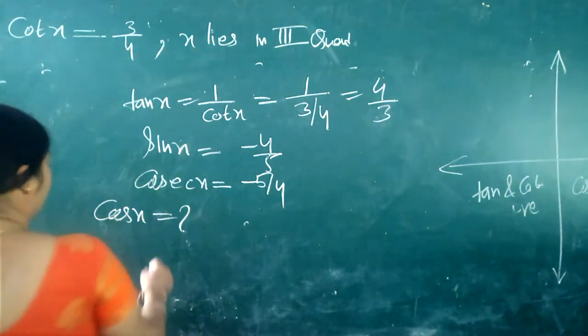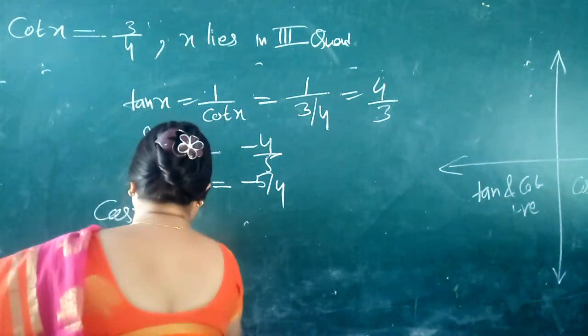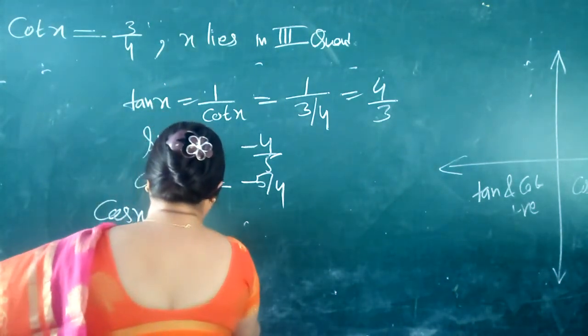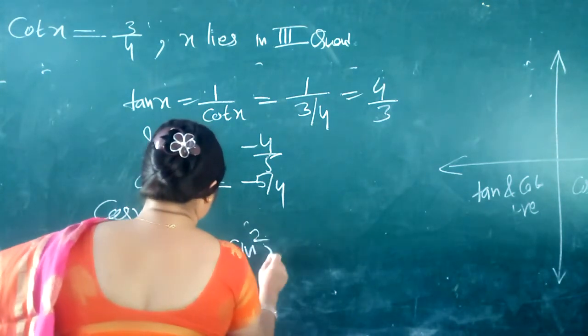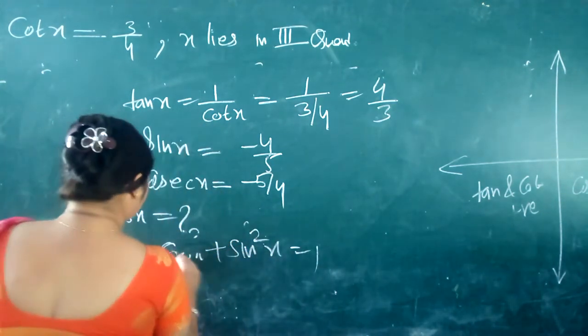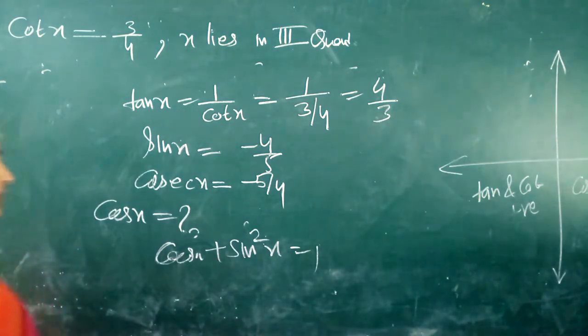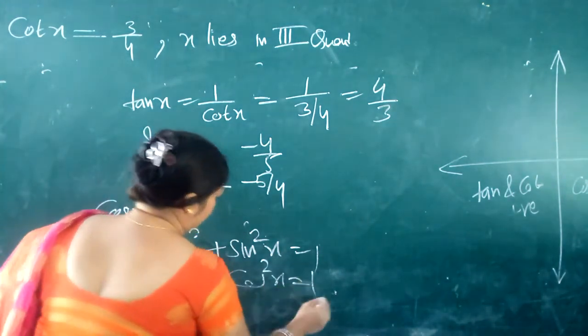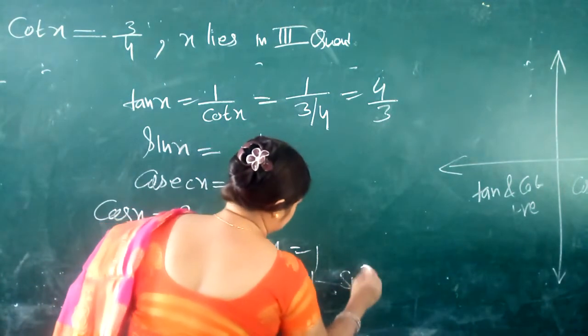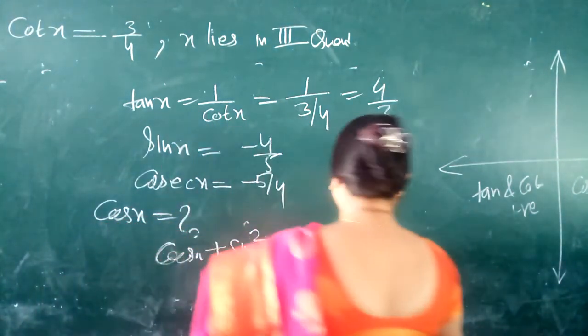There are two formulas. Sin square x plus cos square x is equal to 1. Therefore cos square x is equal to 1 minus sin square x. So we will put the value here.